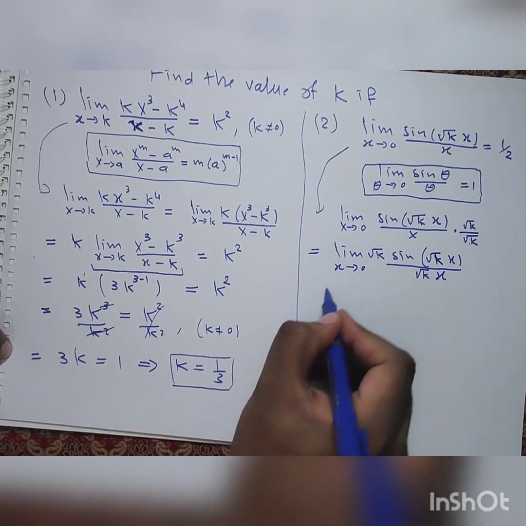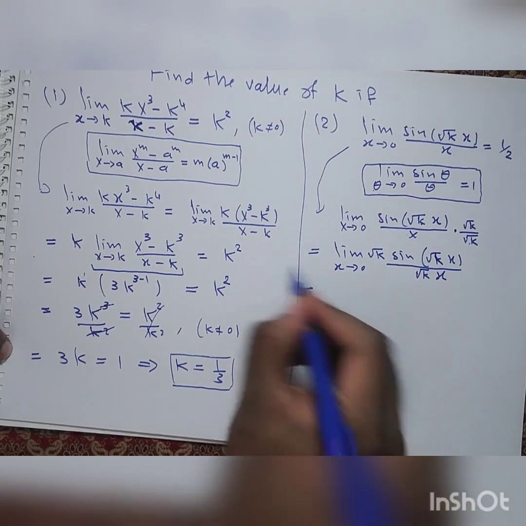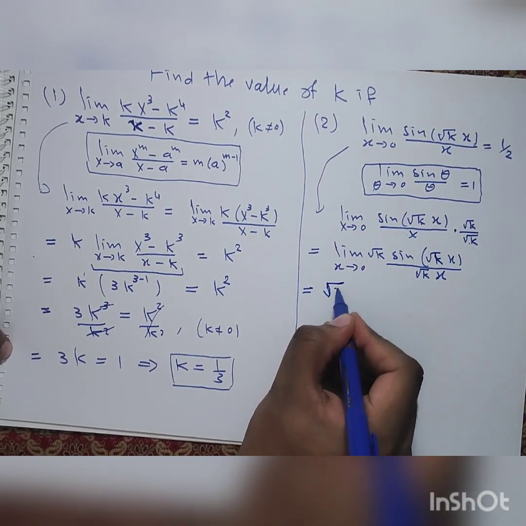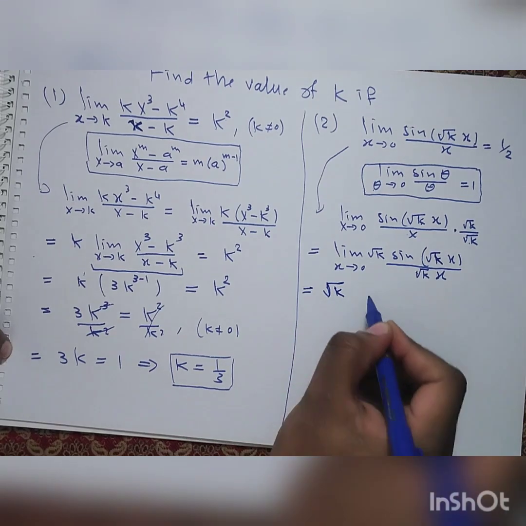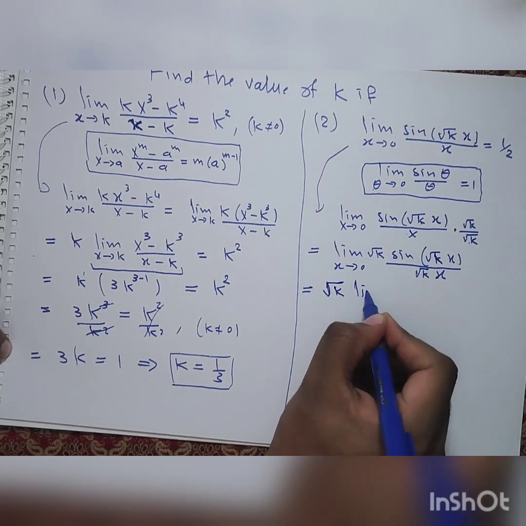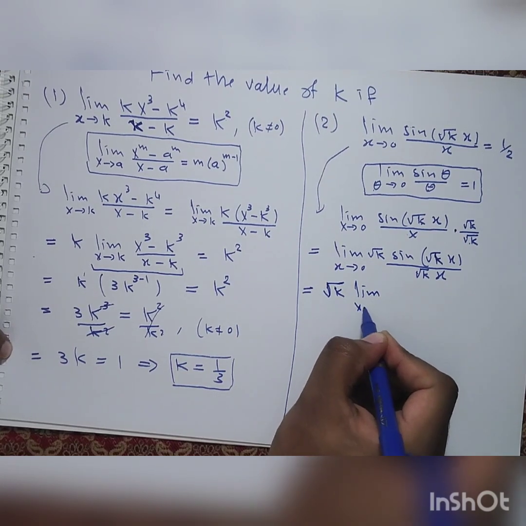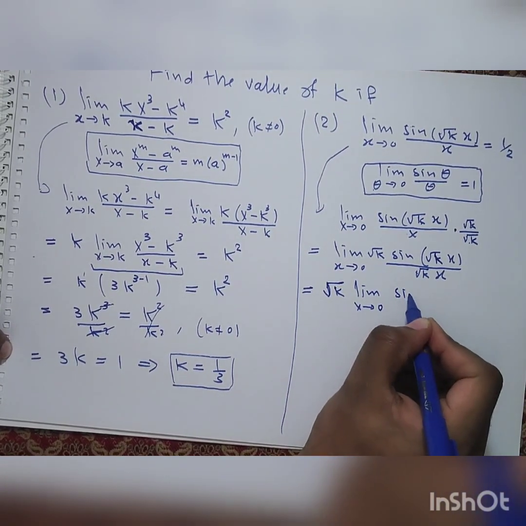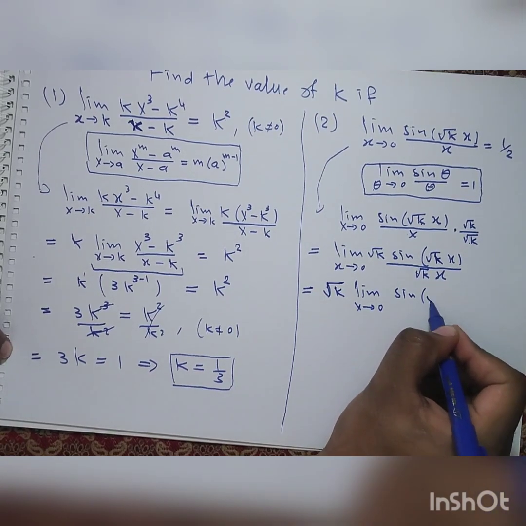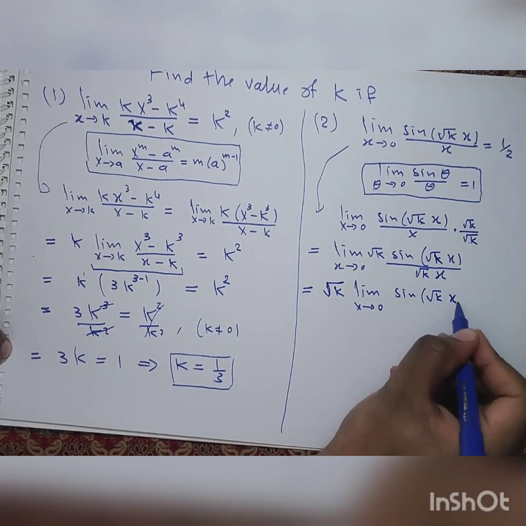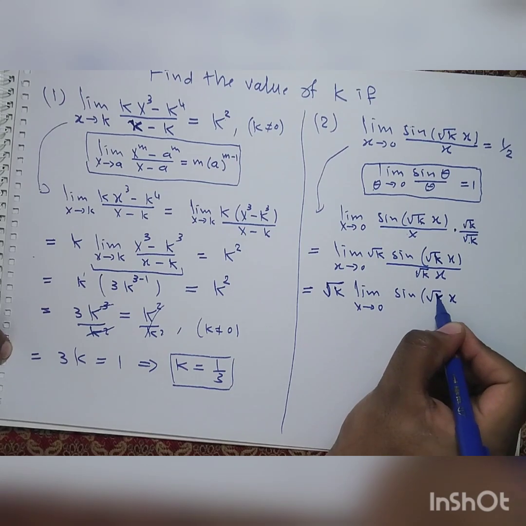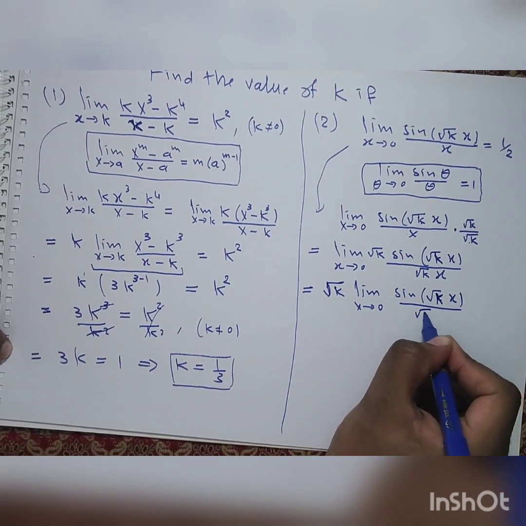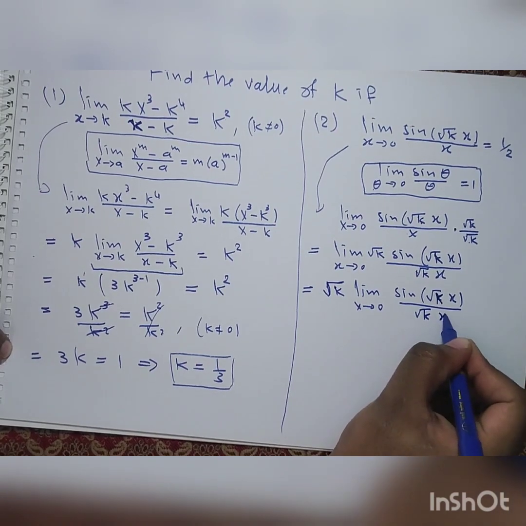Now here we can take radical k outside of the limit because it is a constant. So we take it out of the limit, then we will have limit as x approaches 0. Then here we would have just sine radical k times x, and all divided by radical k times x.